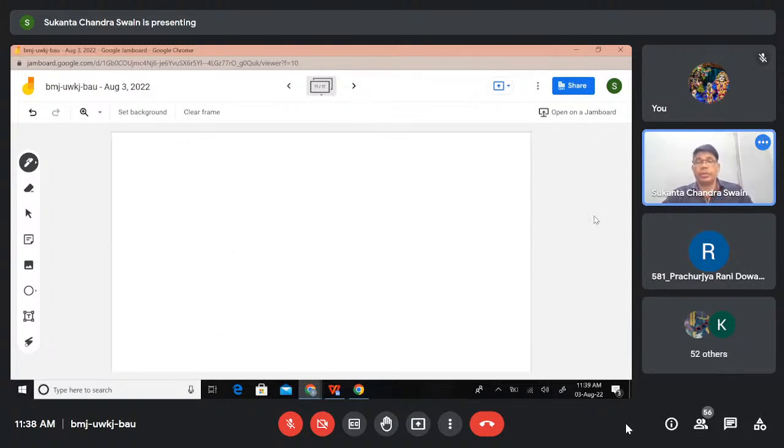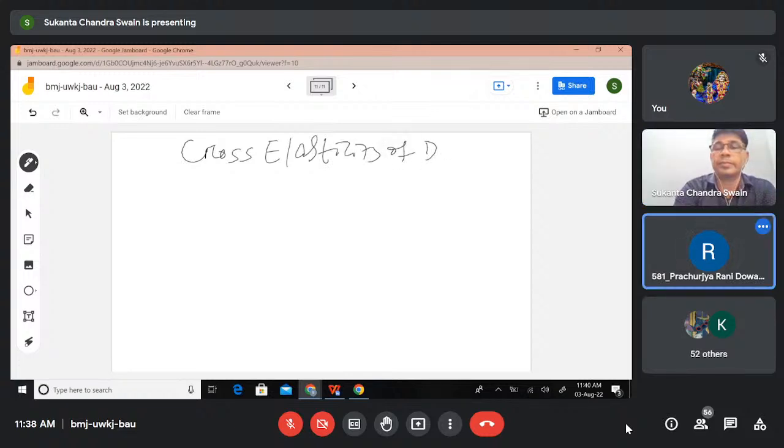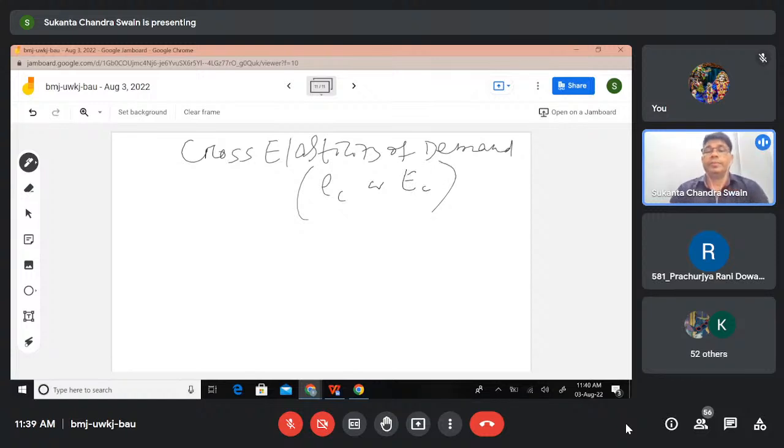Then we'll go for the cross elasticity of demand. You can denote it as EC or capital EC. The definition, you know, is the percentage degree of responsiveness of demand for a commodity due to change in the price of its related commodity.